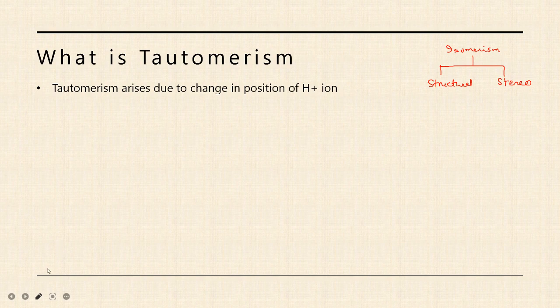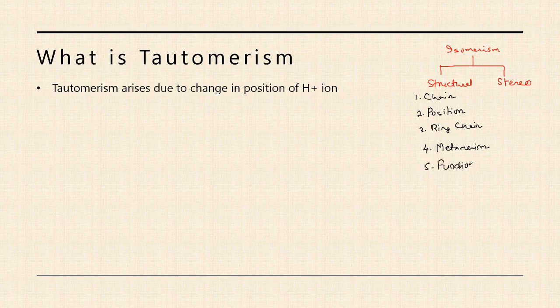Under the category of structural isomerism, we can have chain, position, ring chain, metamerism, we can also have functional isomerism, and then we can have tautomerism.